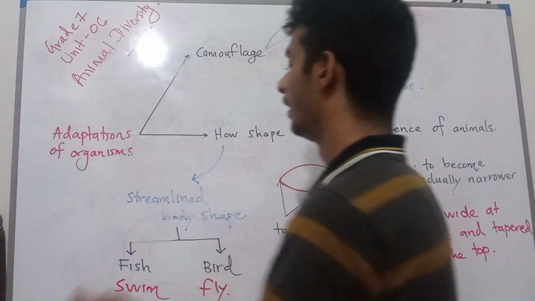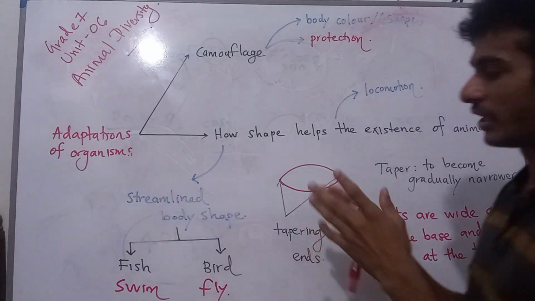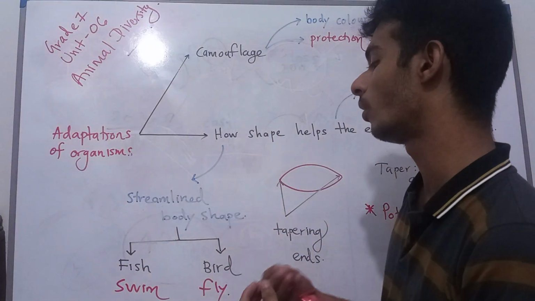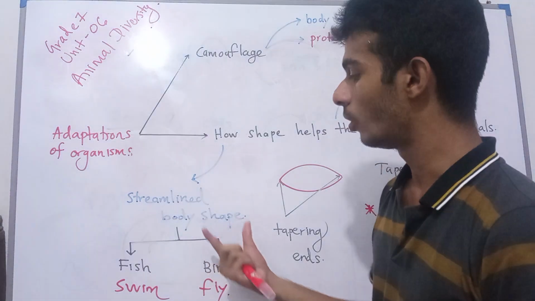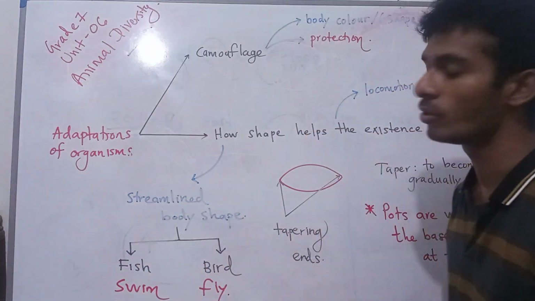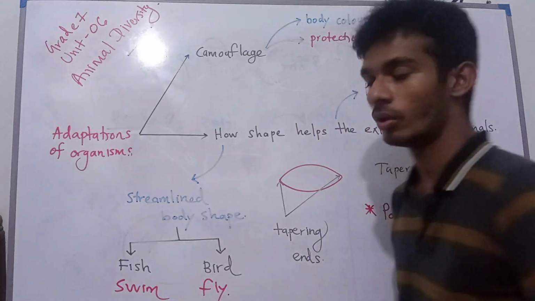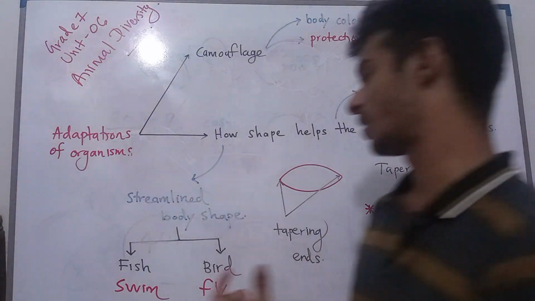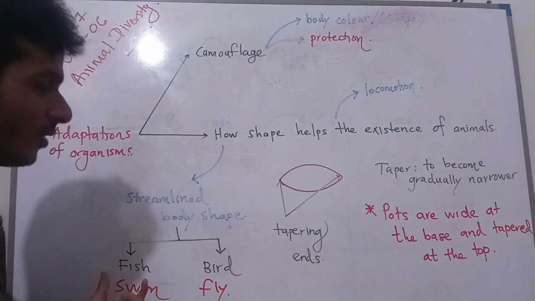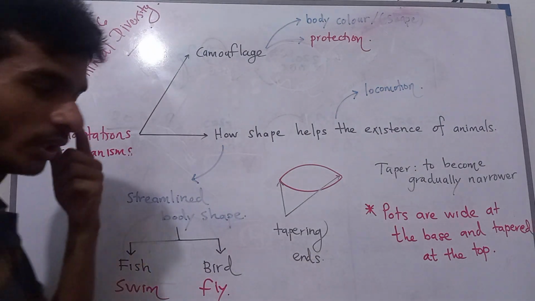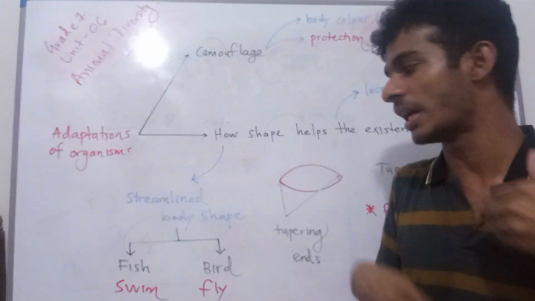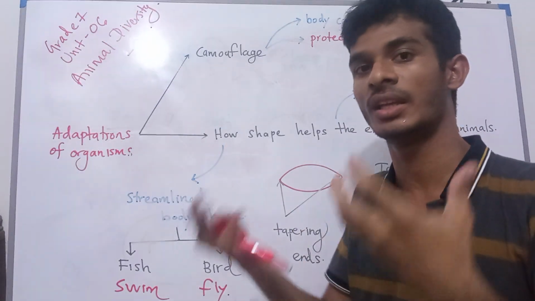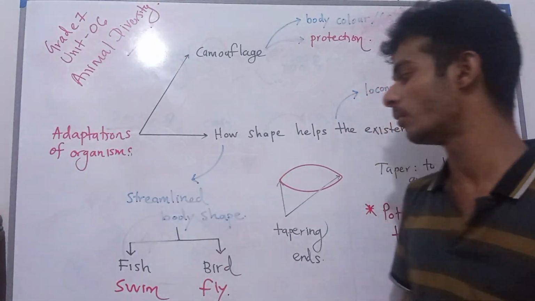Now, the streamlined body shape is useful for fish and birds. What is the mode of locomotion for fish? Swimming. The medium where fish live is water. In order to overcome the challenge in locomotion in the medium, they use the streamlined body shape.